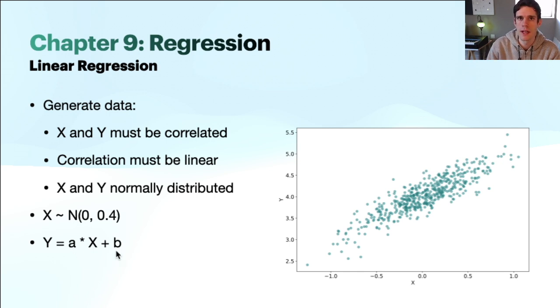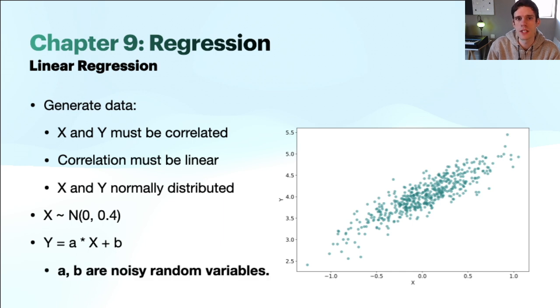However, for this B, we generated a random number, a different number for each pair of two variables. However, because in this chapter we are going to simulate how to discover this A and B from underlying data, for both A and B we're going to generate random numbers. This means that each Y is generated from X with a slightly different number A and a slightly different number B.